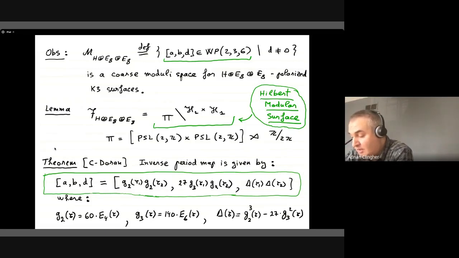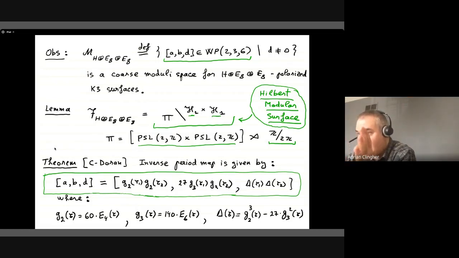We get what is called a Hilbert modular surface, the standard Hilbert modular surface, where we take two copies of the usual upper half space, and then we quotient that by the Hilbert modular group, which is PSL2(Z) times PSL2(Z), semi-direct product with a group of order 2 generated by the interchanging of the two upper half space pieces.